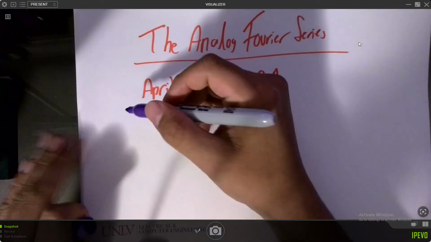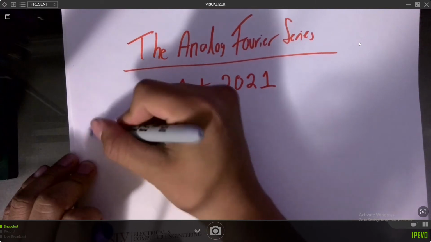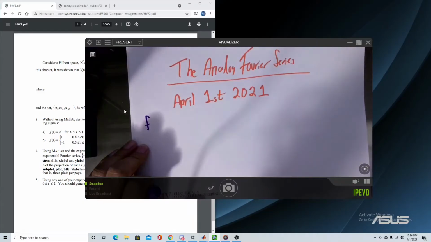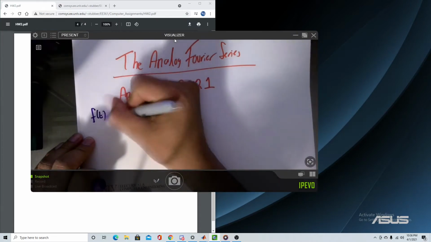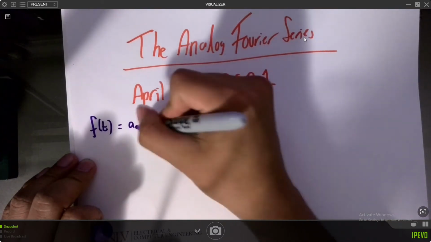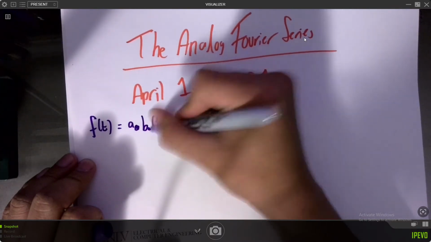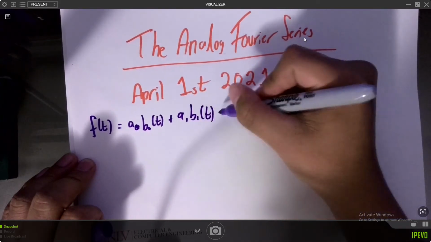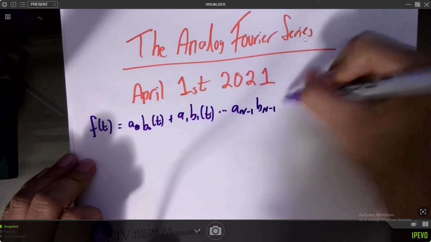The point of the generalized Fourier series is that if we had a projection, let's call it f of t, it is equal to some weight alpha 0 times b0 as a function of t, plus a1 b1 as a function of t, and so on, up to a of n minus 1 times b of n minus 1 of t.